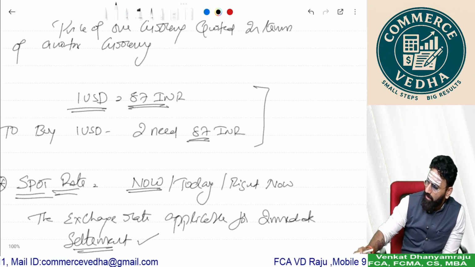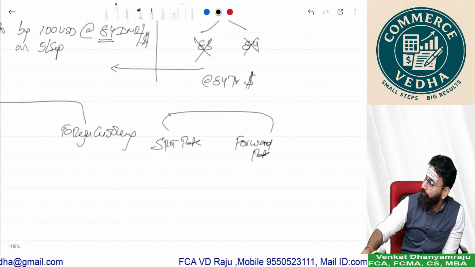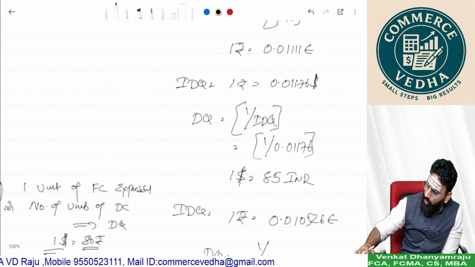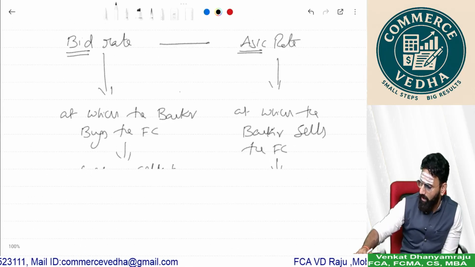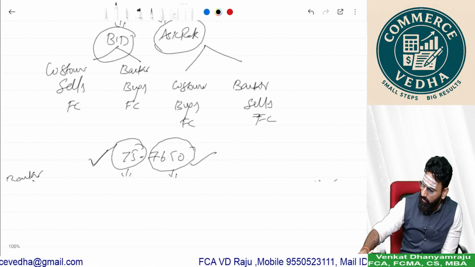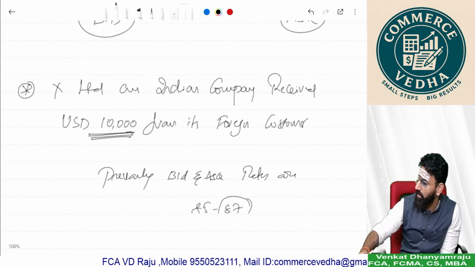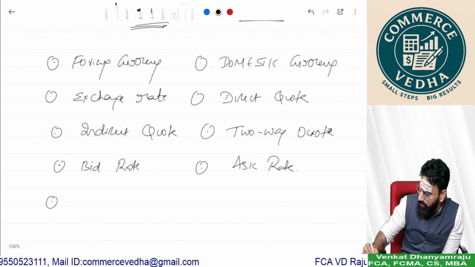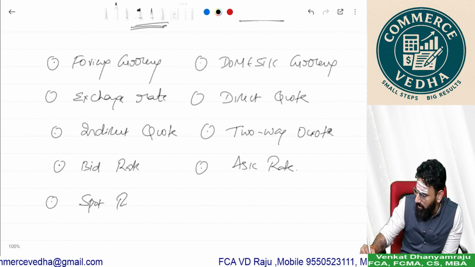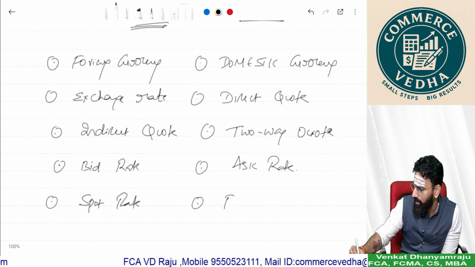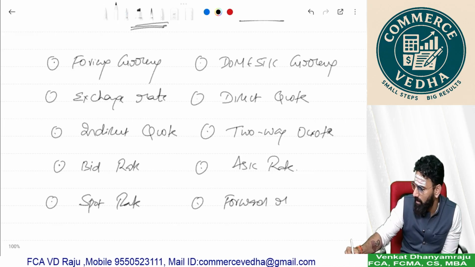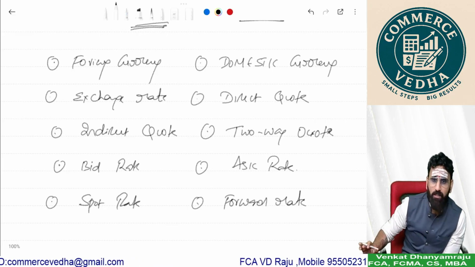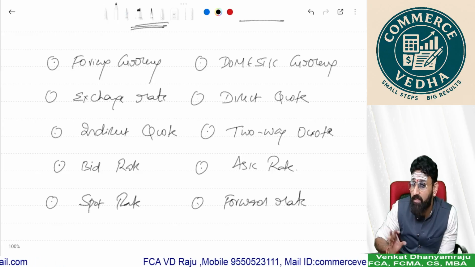Till now we covered everything except American quote and European quote. Here we also covered spot rate and forward rate. So many topics we discussed. Hope you guys understood in detail with examples.